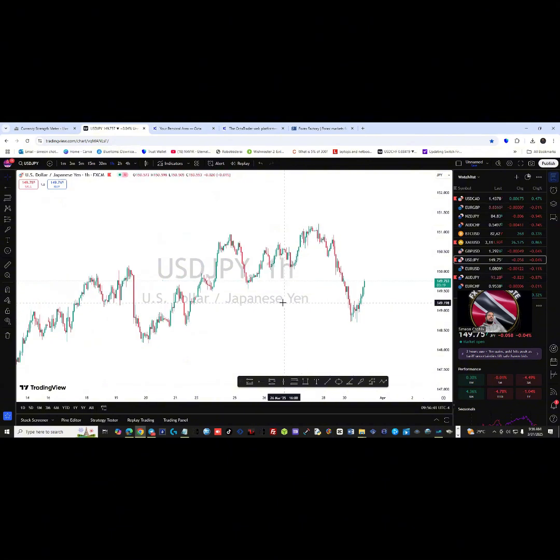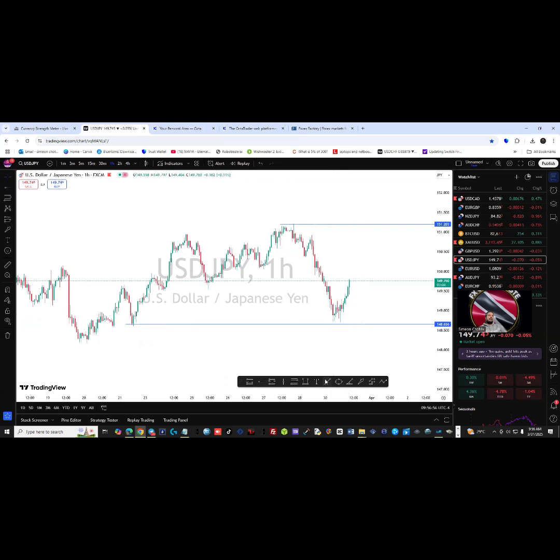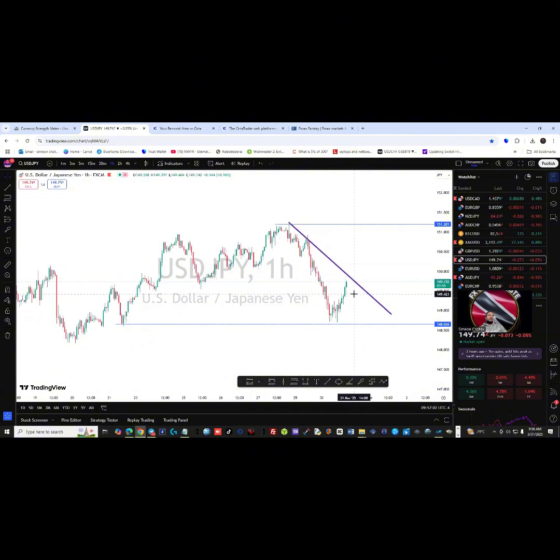Let's look at some levels. So immediately, you draw out your highs, not too far back. Your low area could be right about here. So you can see where it is right now, and you could identify a trend as well if you put that there. So we're gonna try and sell USD JPY for 10 pips as well.